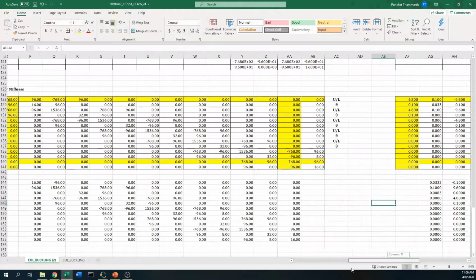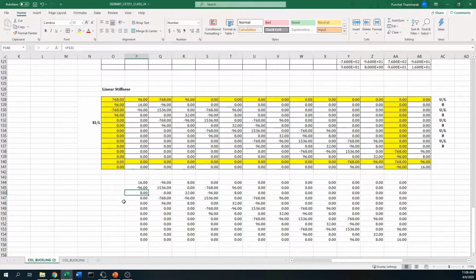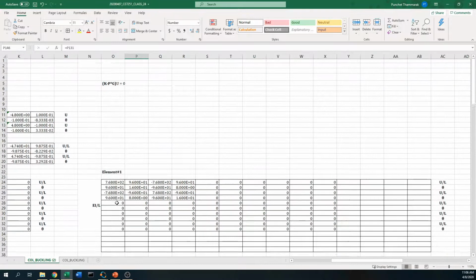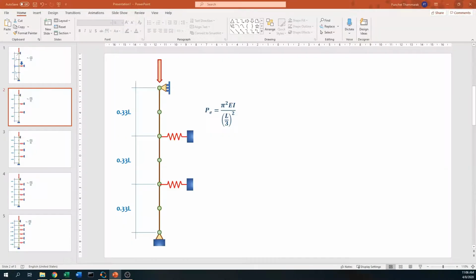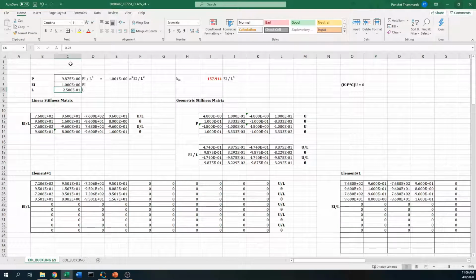Then we need a little bit of things to do. This one is for the 3 elements. The size is not 3, right? This is 0.33, 0.33, 0.33, adding up to 1.0. This is 0.167, which is 1/6. So I have to come here, and L is equal to 1 divided by 6.